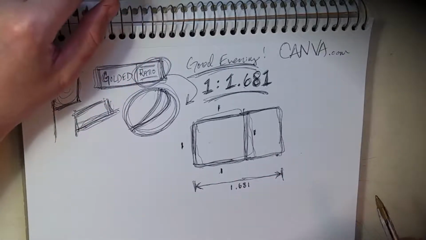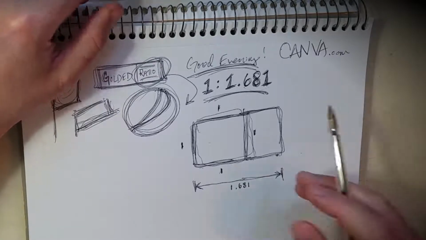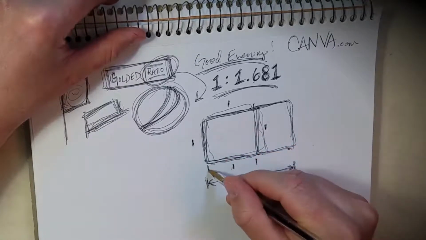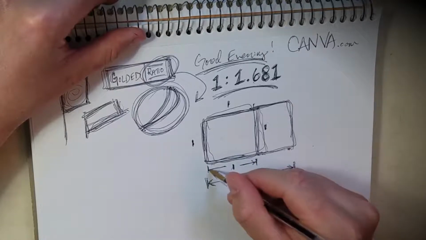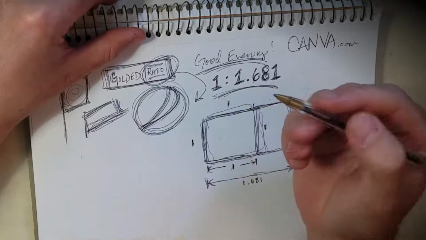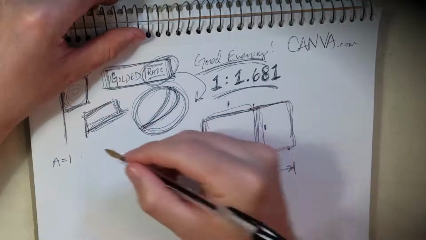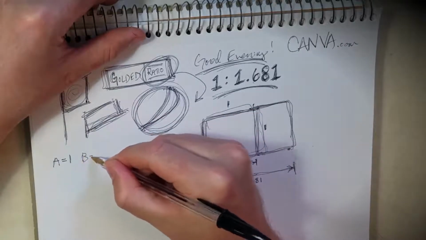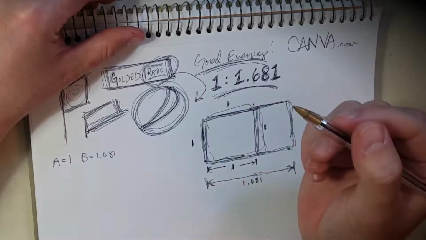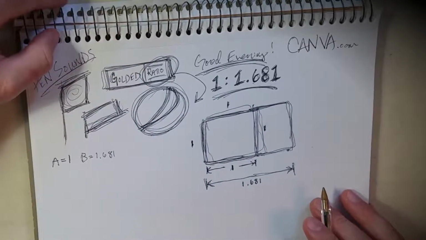The golden ratio is this pattern that repeats, where this we could call B equals 1.681.